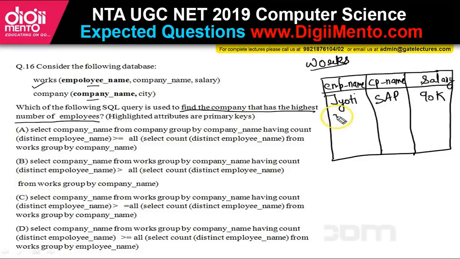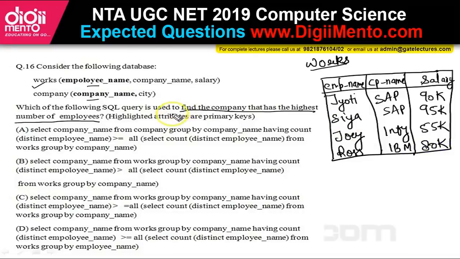The second is Asia, again at SAP, with salary 95K. The next employee is Joey, working in Infi with salary 55K. And the fourth employee is Ross, working in IBM with salary 80K.